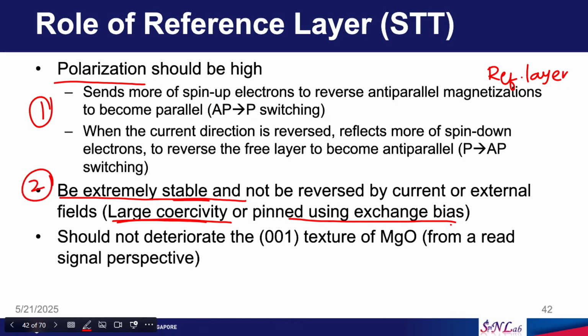And when it comes to the reading part, the TMR depends on the crystallographic texture of the magnesium oxide. This one we will do the day after tomorrow. The day after tomorrow you will learn that this magnesium oxide has to be in 001 texture. That will give rise to high TMR.